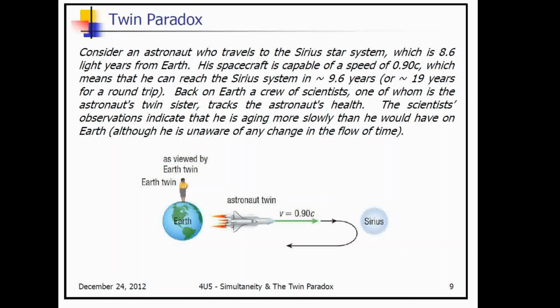And this is because he's traveling close to the speed of light. The time he experiences is still the same, but the time observed by his twin on Earth will be almost as if he's moving in slow motion.